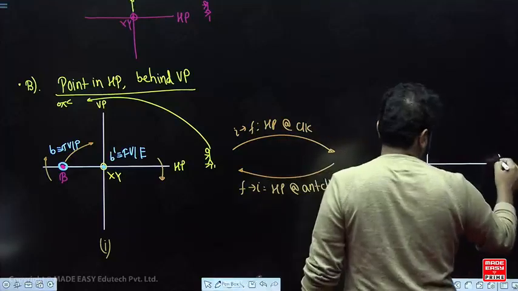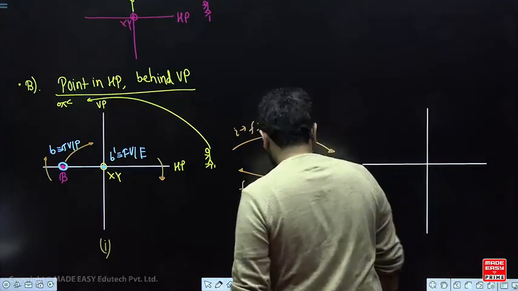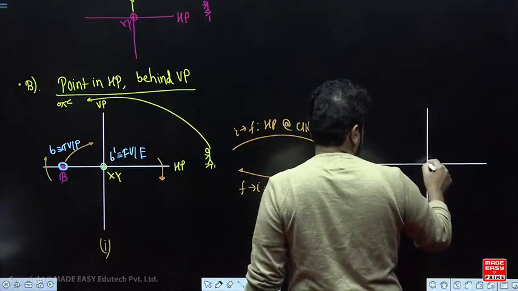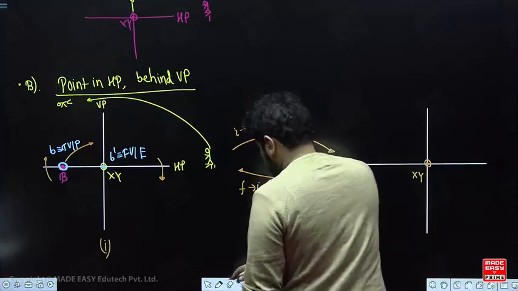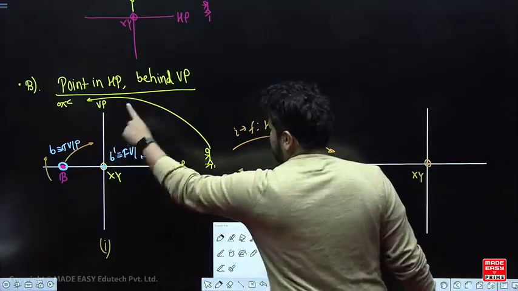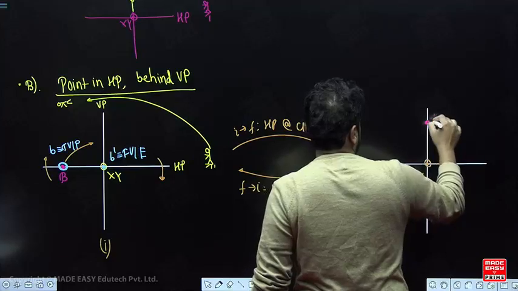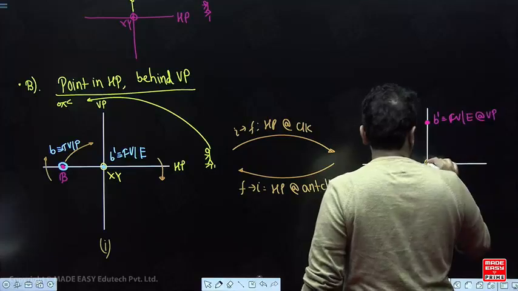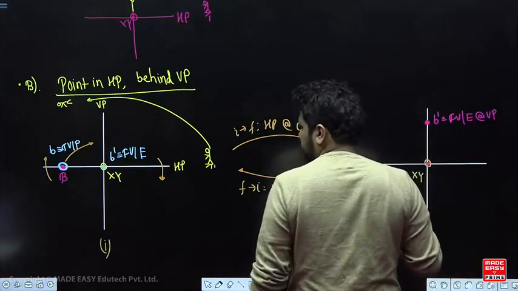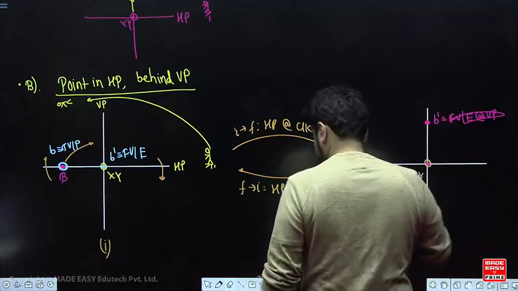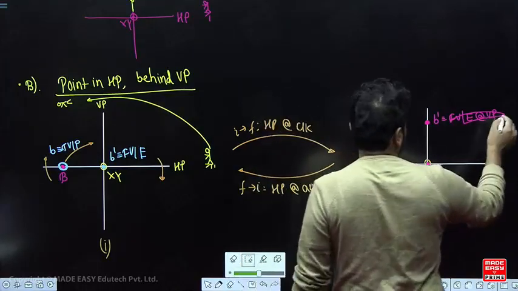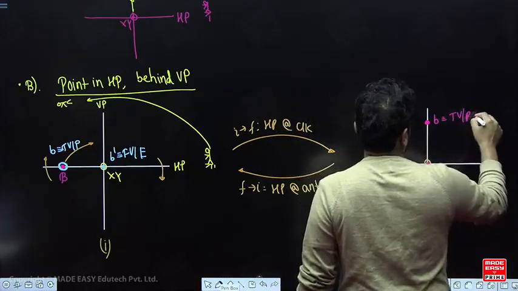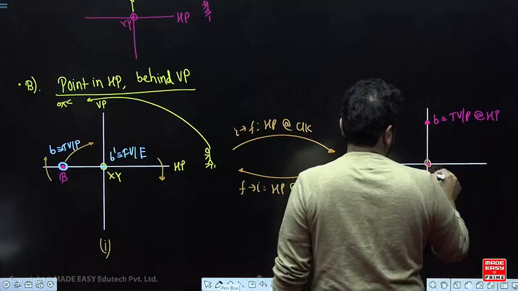Right. This is your XY. Now where are the points? So B point will go here, this is your B dash, which is your front view or elevation at VP. Sorry, this is top view or plan at HP, and this is your B dash.